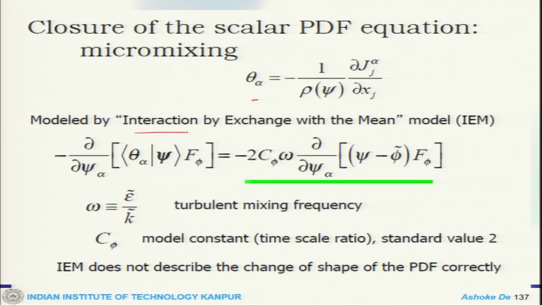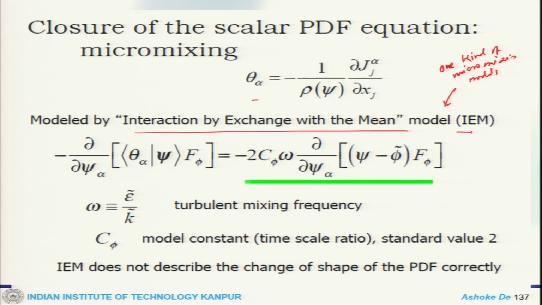This is an interaction by exchange with the mean, one kind of micro mixing model, and more details can be found in some of the review literature, and also there is a book by Rodney Fox where all these micro mixing terms are discussed in detail. This is called the interaction by exchange with the mean, IEM model, which is a very common and well known model.